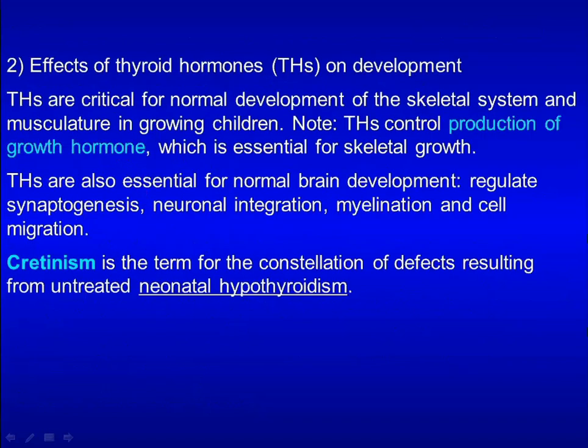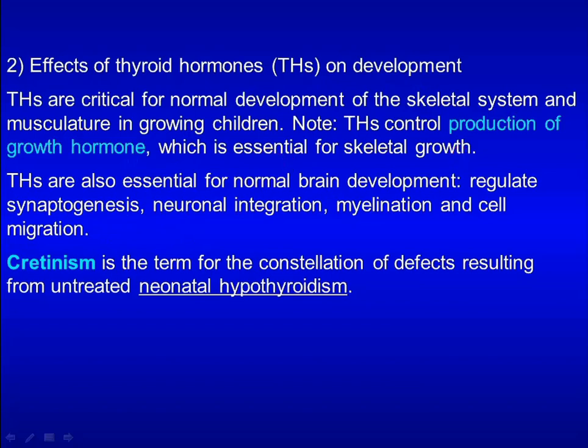Thyroid hormones are critical for normal development of the skeletal system and musculature in growing children. As you may recall, thyroid hormones control transcription of the growth hormone gene. Growth hormone is essential for skeletal growth.